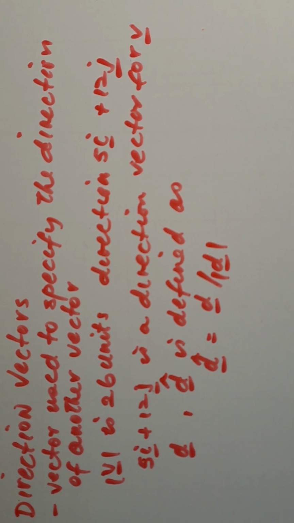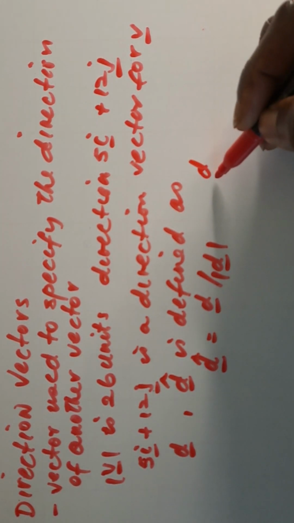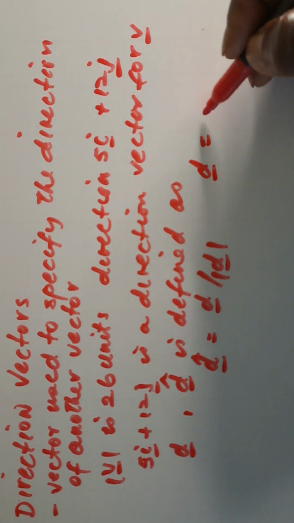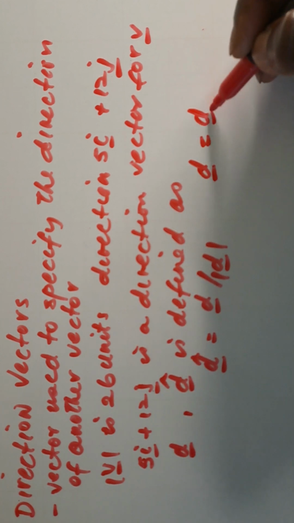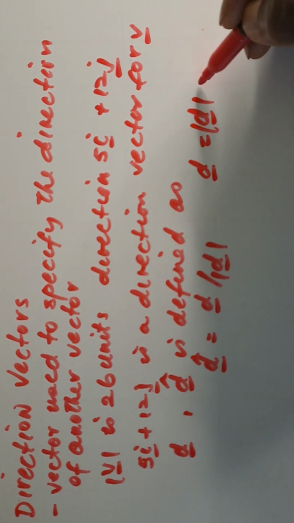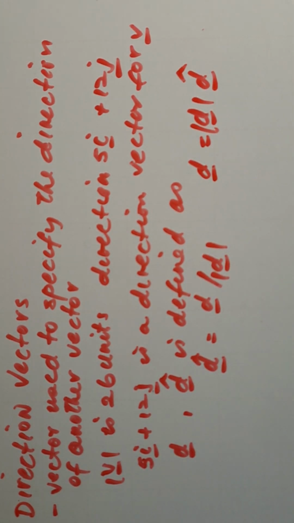Remember in our previous video, if we have the vector d, it's the product of its unit vector and the magnitude. So all we've done is rearrange that. In the previous video this was written as d is the product of the magnitude of d times the unit vector. We just rearrange that.